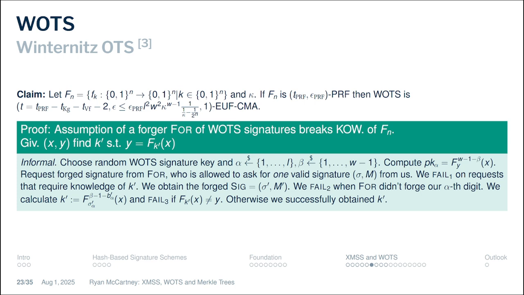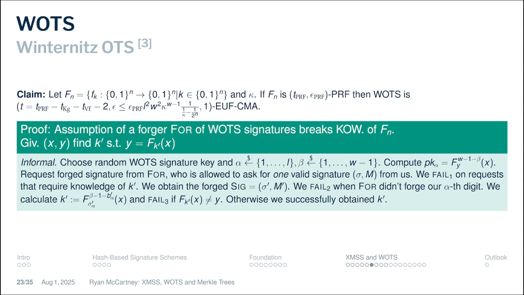So kappa to the power of w minus 1 many values arrive at the public key alpha, but only a fraction of them actually cross our path with K prime and then y, which is kappa to the beta many values.